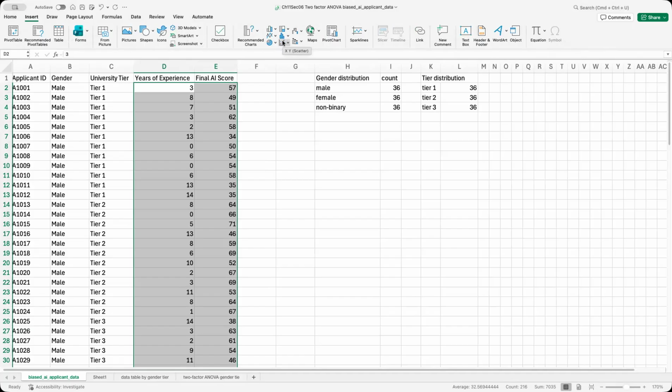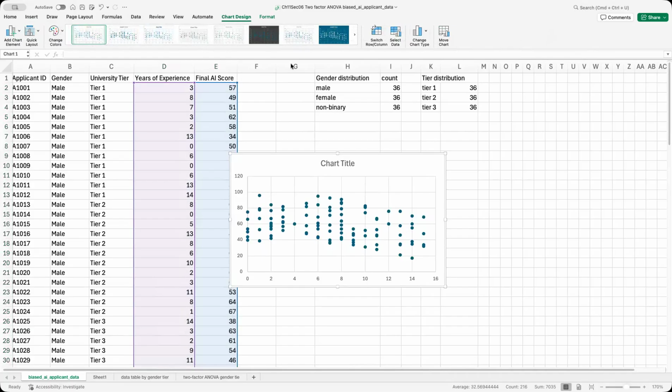I'm going to graph years of experience and AI score in a scatter plot. We did that back in chapter 3. It was a long time ago. So I go to insert, and over there's the chart that says XY scatter. Does it look like more years of experience means a higher score?